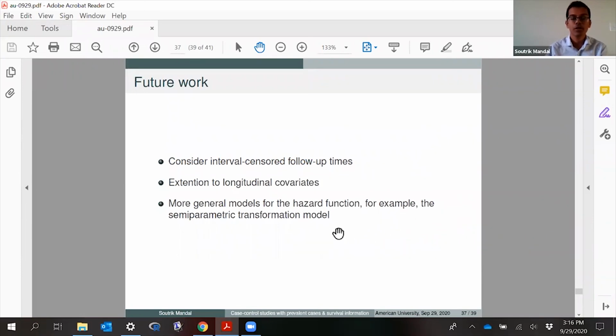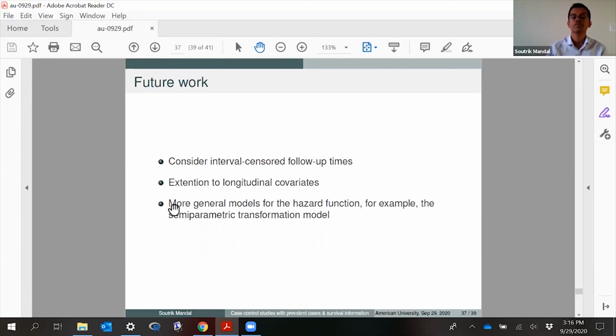Some future work. Here we are considering right-censored follow-up times. This can be generalized to interval-censored follow-up times. Our method can be extended to incorporate longitudinal covariates.